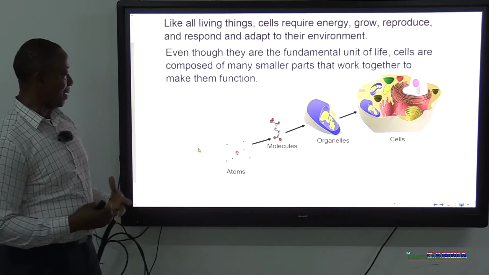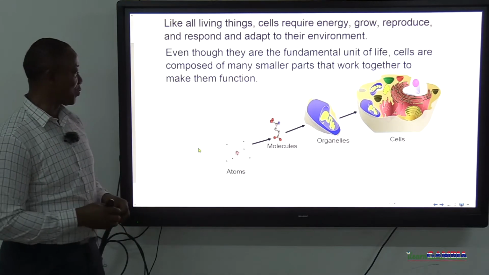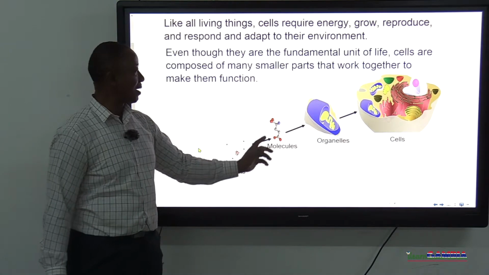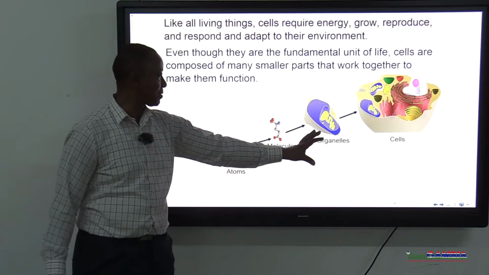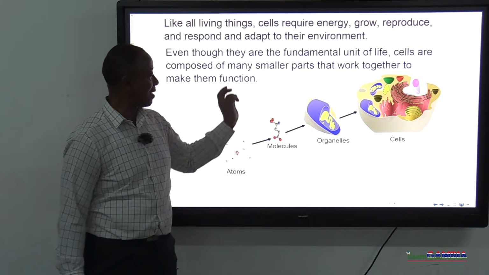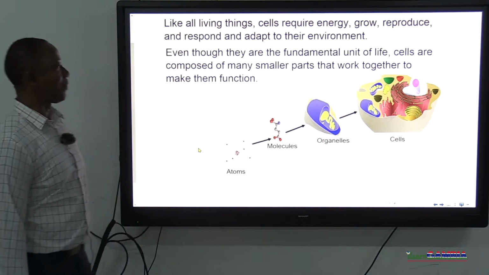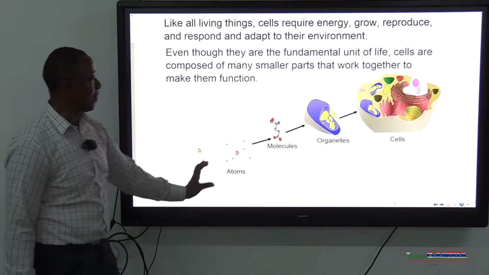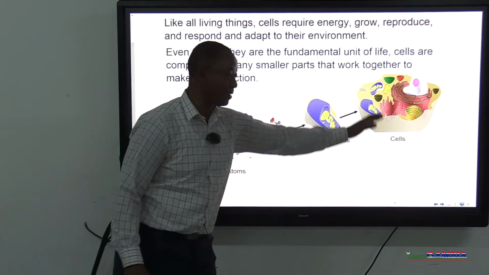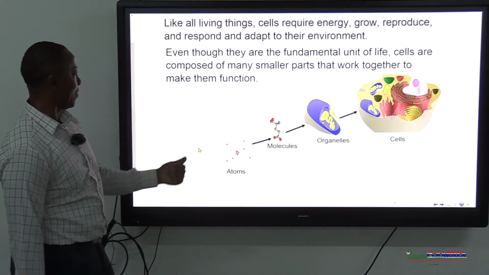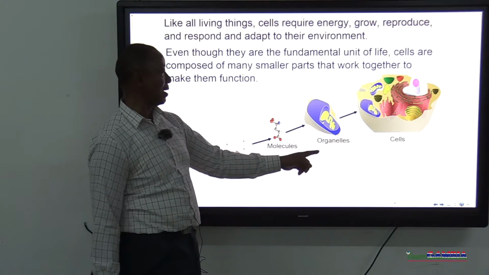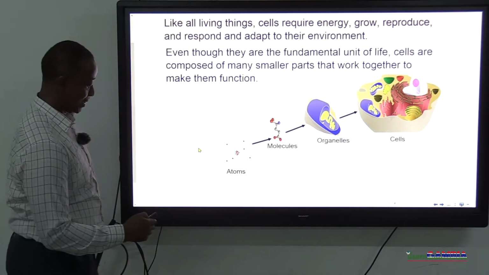The atoms come together to form molecules, and the molecules form compounds, and these compounds form organelles, and the organelles eventually form the cell. So this is how the level of organization of the cell is made up: atoms to molecules, molecules to organelles, organelles to cells.